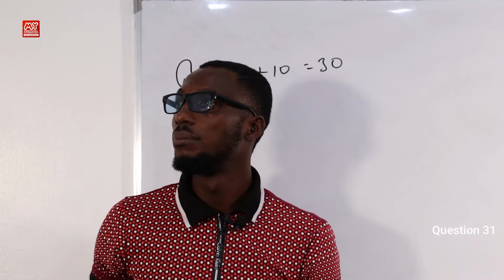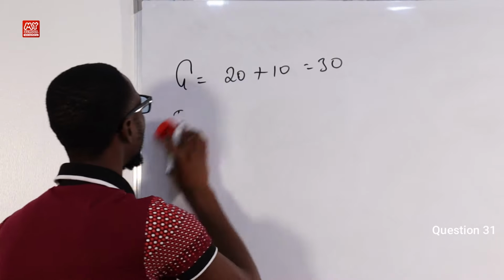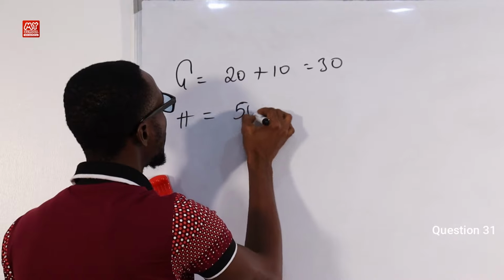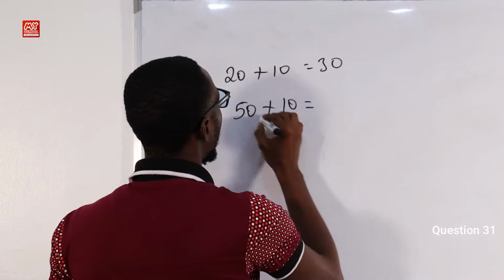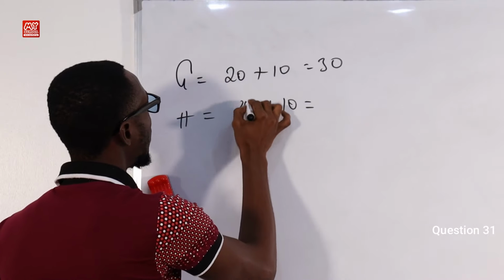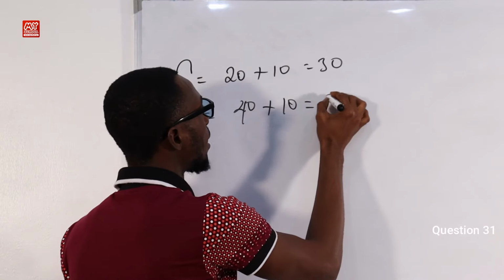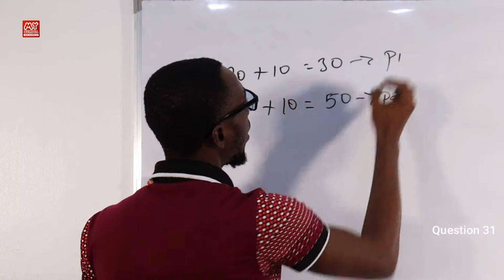Then we have the other one, which is H. H is at 40 added to the equivalence of the atmospheric pressure. That's 40 plus 10, that is 50. We know this is P2 and this is P1.